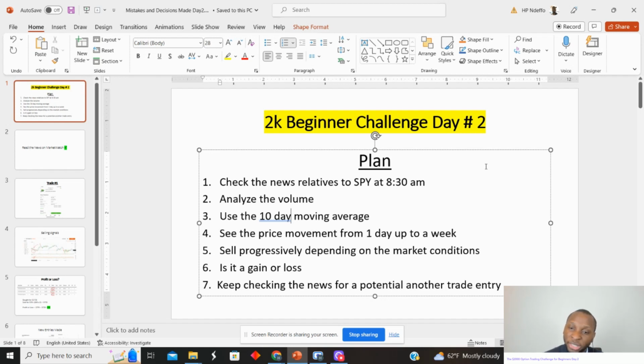I also look at the price movement from 1 day to a week on Robinhood. This is very simple. It's not really too complicated. You can simply zoom out. There are multiple options: 1 day, a week, 1 month, 3 months, etc. You simply select a week.